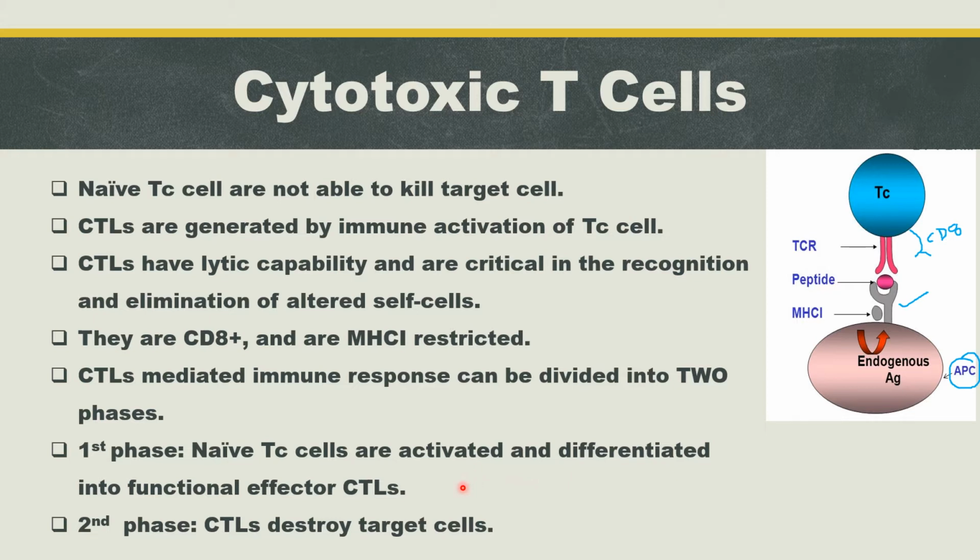That means this first phase needs antigen for the activation and differentiation of TC cells into cytotoxic T lymphocytes. This is antigen dependent. In the second phase, these cytotoxic T lymphocytes destroy target cells.